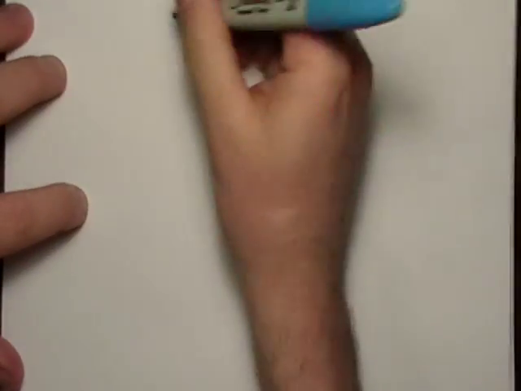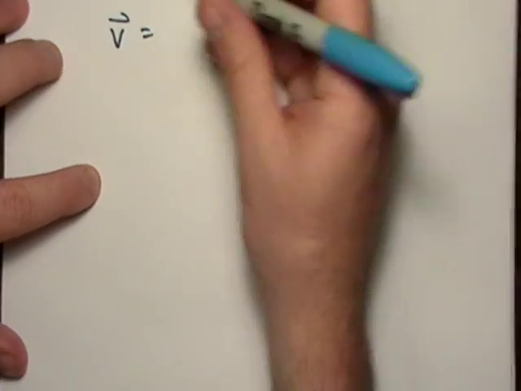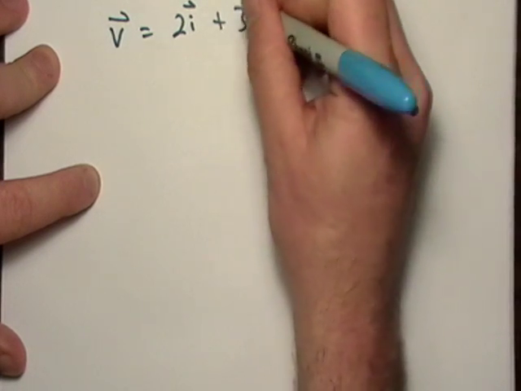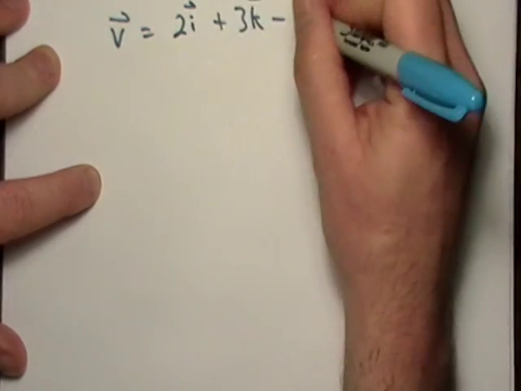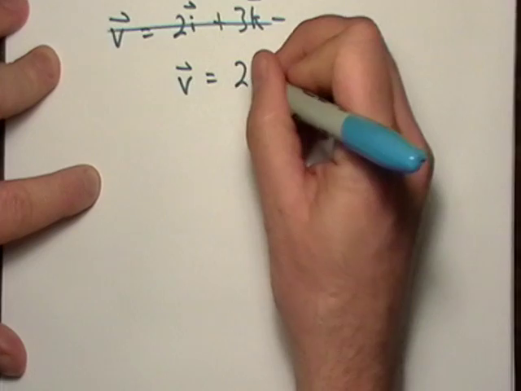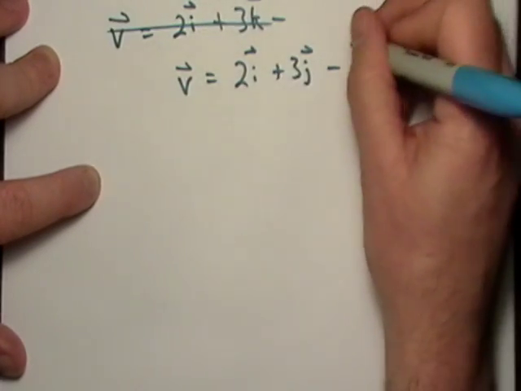There is a method of computation, and I'm going to introduce you to it. Let's say vector v was equal, and I'm going to use the IJK notation this time, to 2i plus 3j minus k.